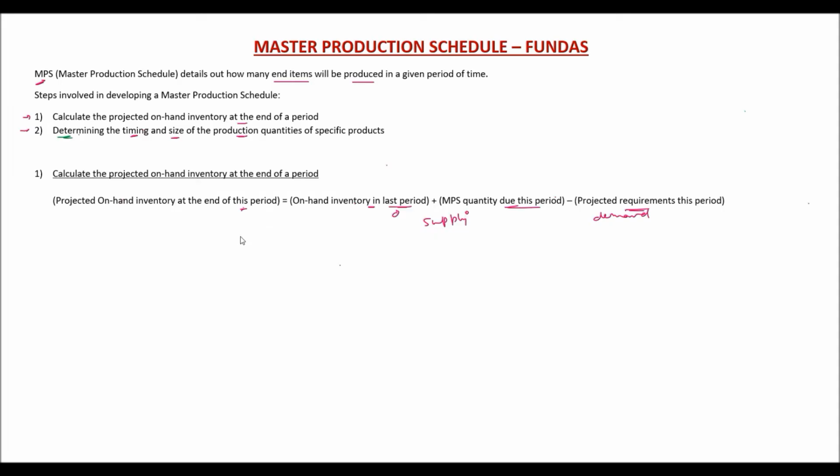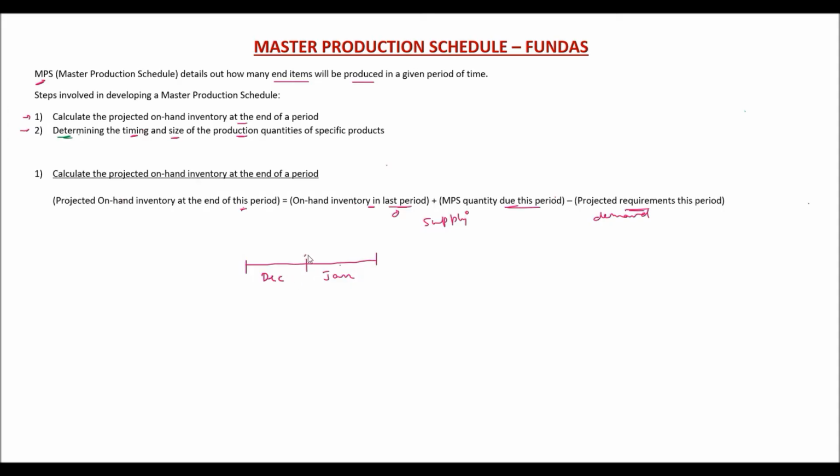Now let's say we are looking at calculating the inventory at the end of Jan. So let's say you have this period here. Let's say this is December, and then you have this is Jan. So first we need to find out the on-hand inventory of last period.